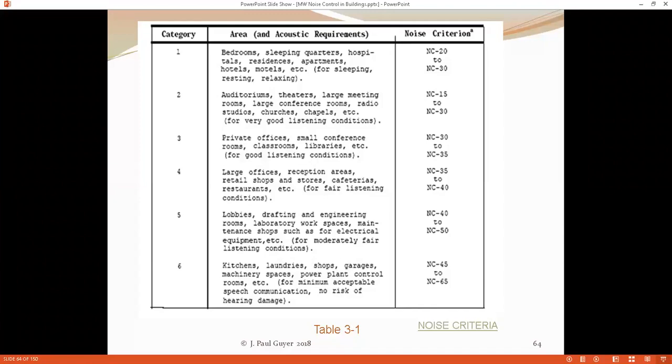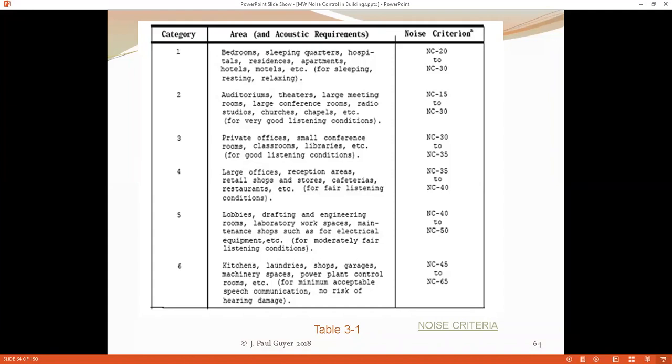The next category is a little bit different. It's auditoriums, theaters, etc., where the driving consideration is that you want to have very good listening conditions. And so you would select an NC curve of somewhere between 15 and 30 as your target.